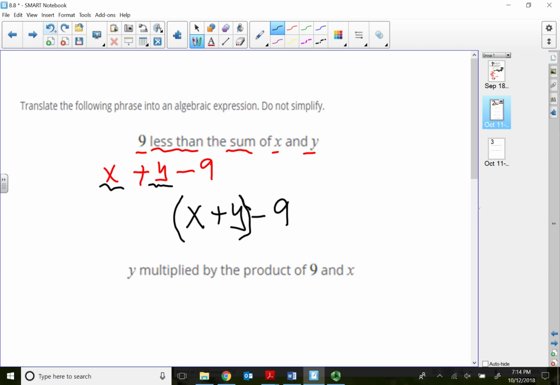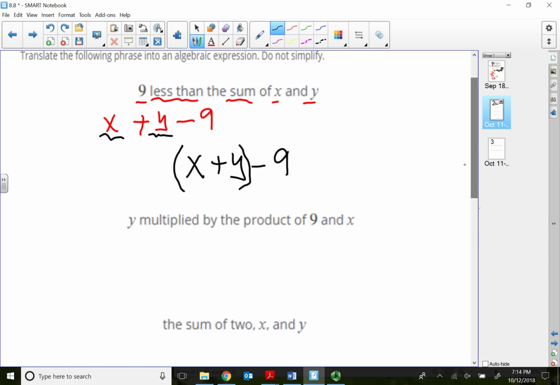That means we will actually add the x and y first before we will subtract the 9. 9 is less than the entire sum of x and y. So this problem, you got to have a parenthesis for the x plus y. So it's very tricky from time to time.